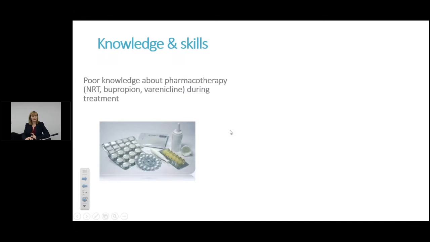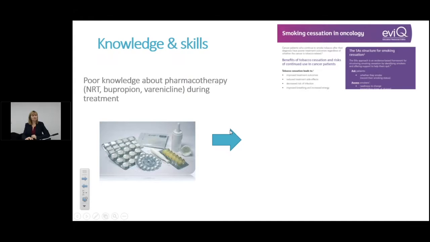So that's just a little bit of a look at the medications, and this seems to be misbehaving a little bit, but anyway, what we did in that circumstance was work together with the eviQ people at Cancer Institute to draw together the evidence around interactions between cessation pharmacotherapies and oncology treatment, and there's a 2-page document that sits there in eviQ that they can readily access, and a lot of oncologists do use eviQ, so that was there in a place that they could easily access and that they were comfortable with.